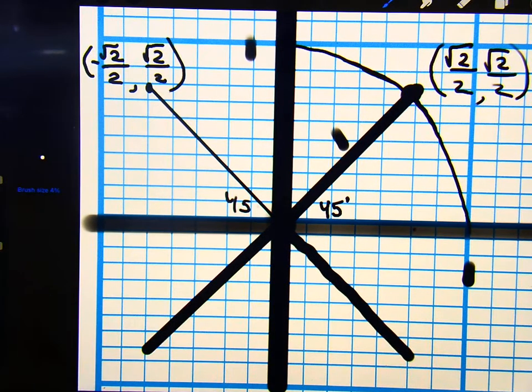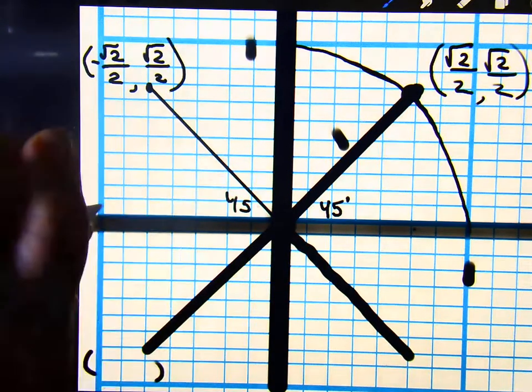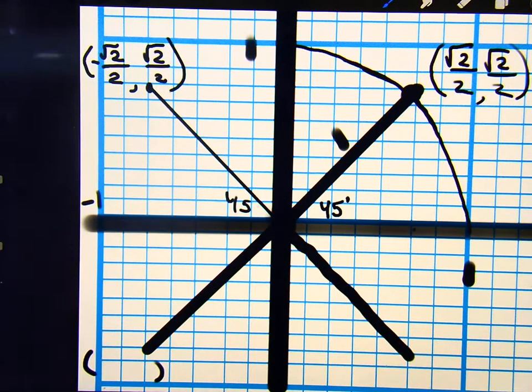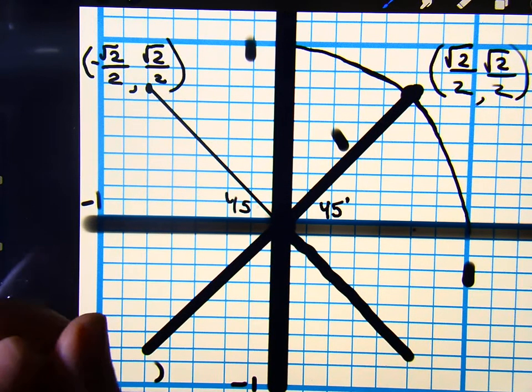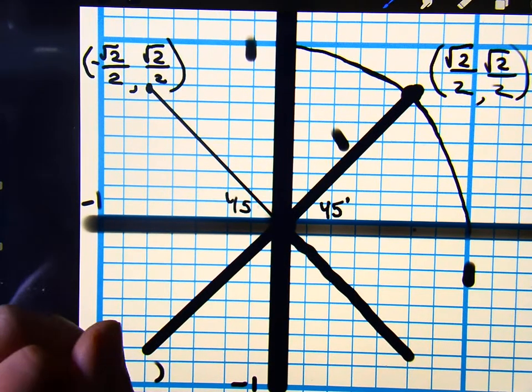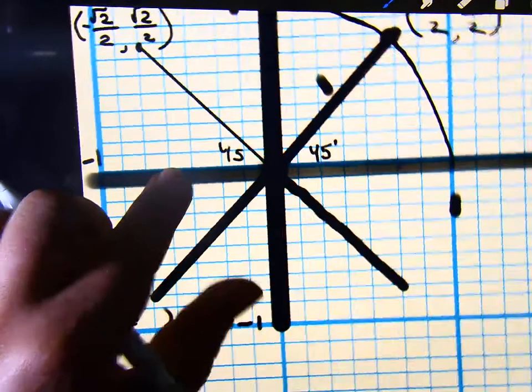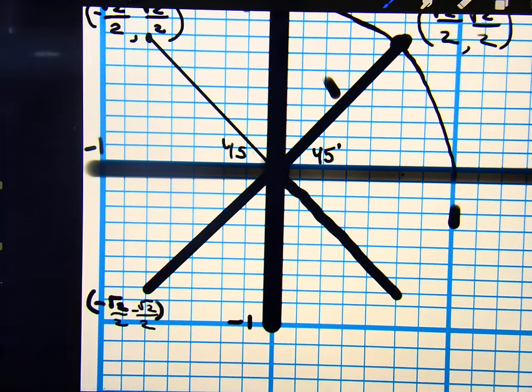Okay. And so then this coordinate now on our graph, this is our negative 1. This is negative 1, is a negative square root 2 over 2. And a negative square root 2 over 2.